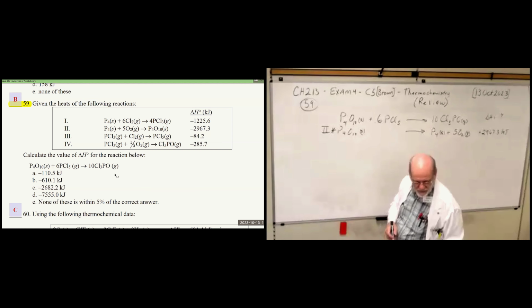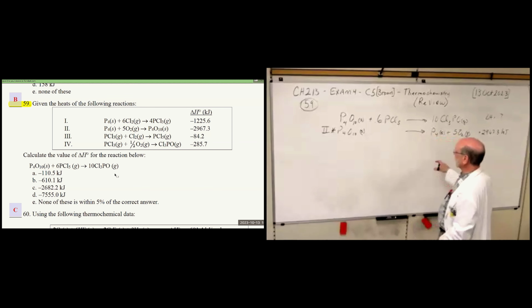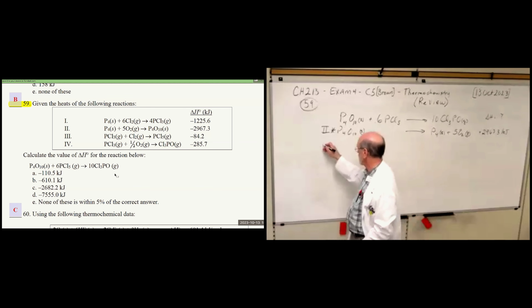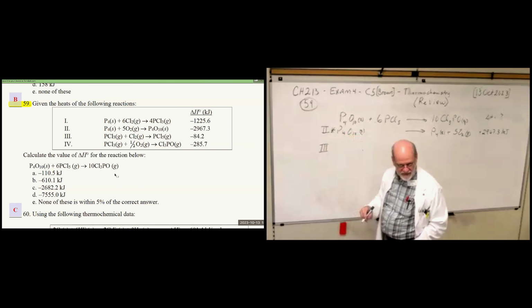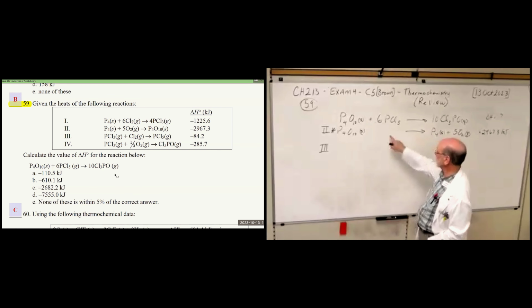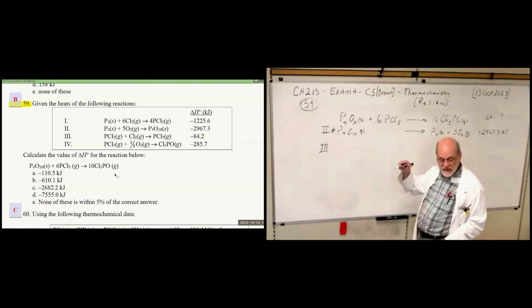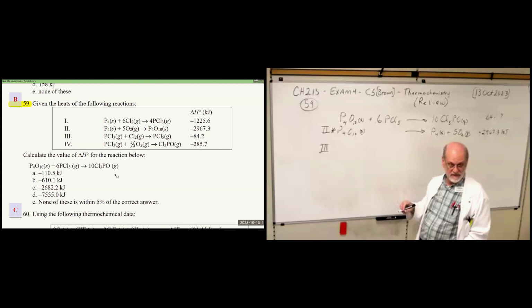How about the next one? Number 3 has a PCl5 in it, doesn't it? PCl5 is on the wrong side. It needs to be over here, plus it needs to be multiplied by 6.